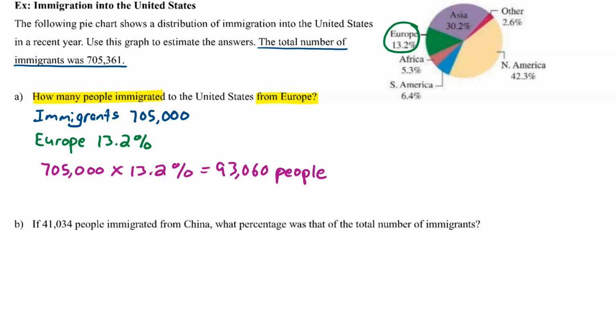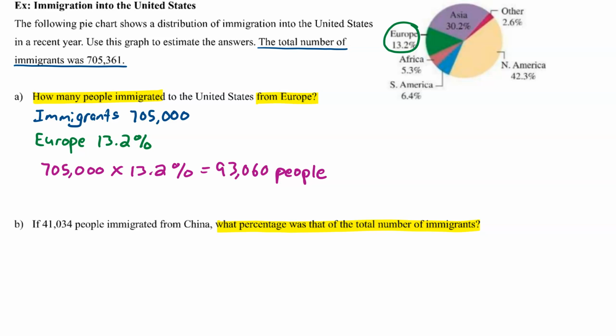If 41,034 people immigrated from China, what percentage of the total number of immigrants was that?